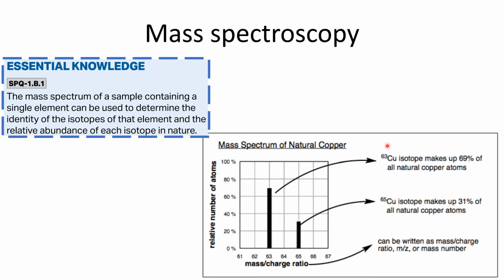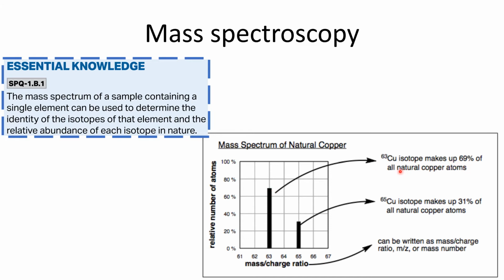One isotope is copper 63, another isotope is copper 65. From these percentages, we can say how much copper 63 is present and how much copper 65 is present. Here, the percentage is 69%.